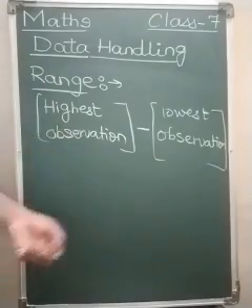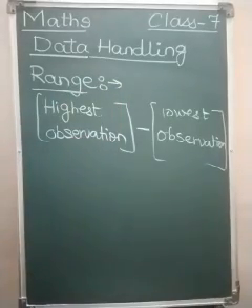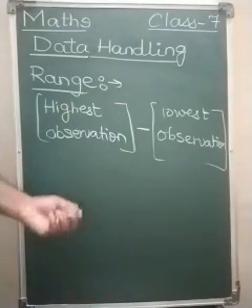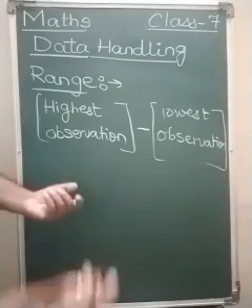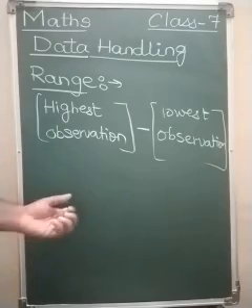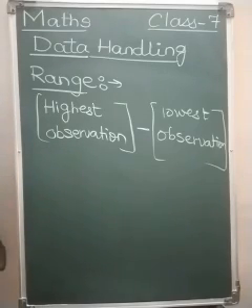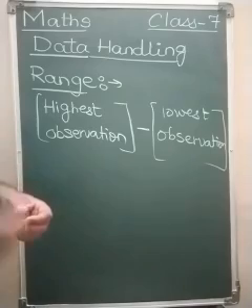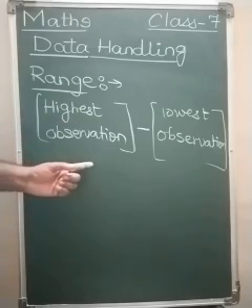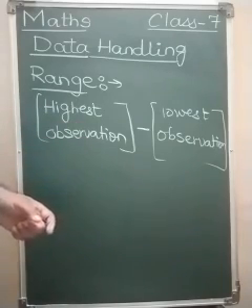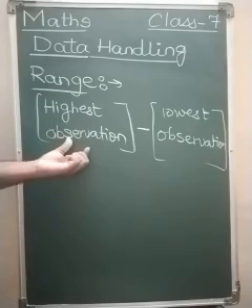Now what is the highest observation? What is the lowest observation? Suppose we just conducted the exam, and in the class of 50, everyone is going to get different marks out of 50, and the students getting the highest marks would be the highest observation. Suppose 5 students get 50 out of 50, so our highest observation would be 50.